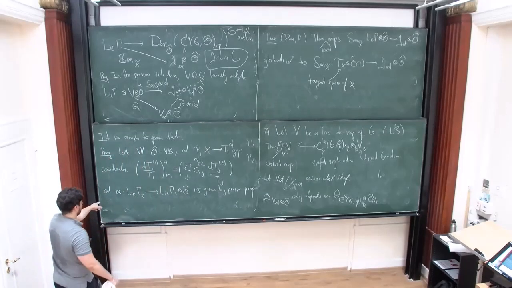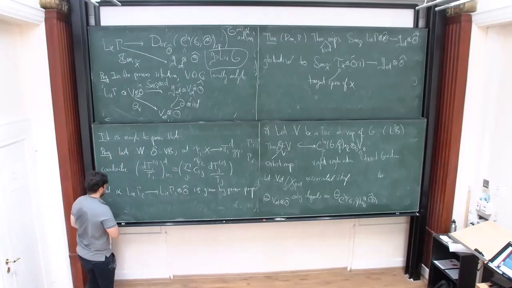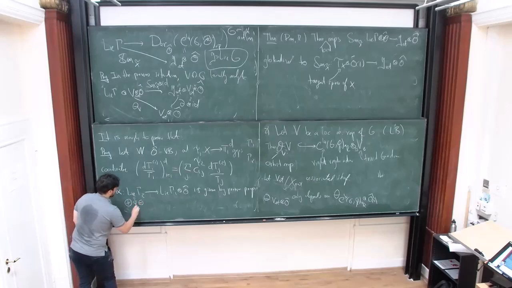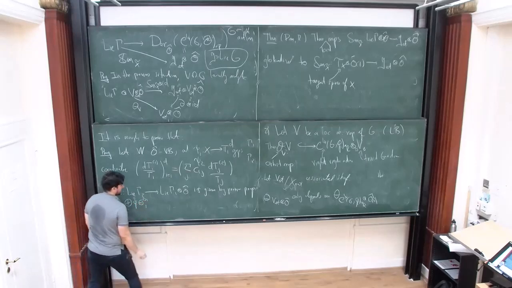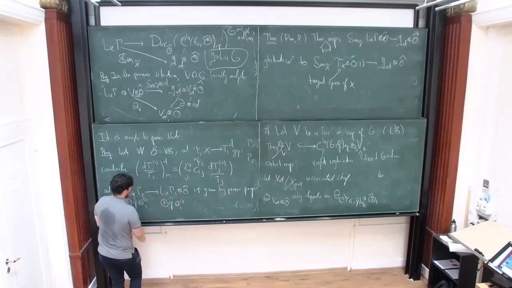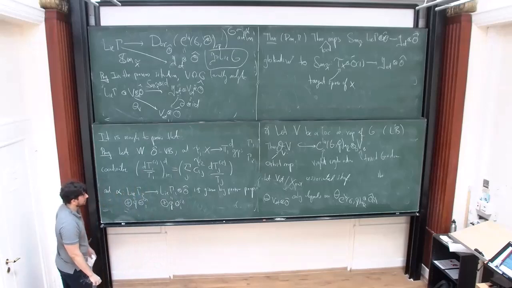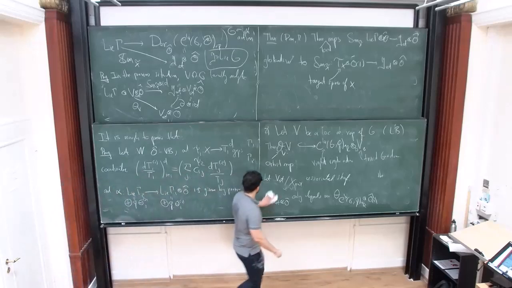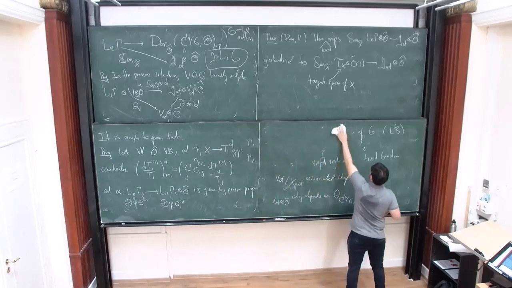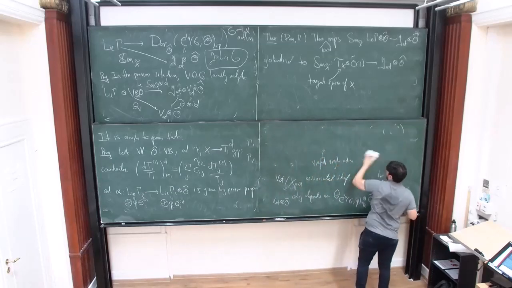So this map arises from this proposition. You can get numerical coordinates and you can sum. Right, just writing down explicitly what I need to prove.